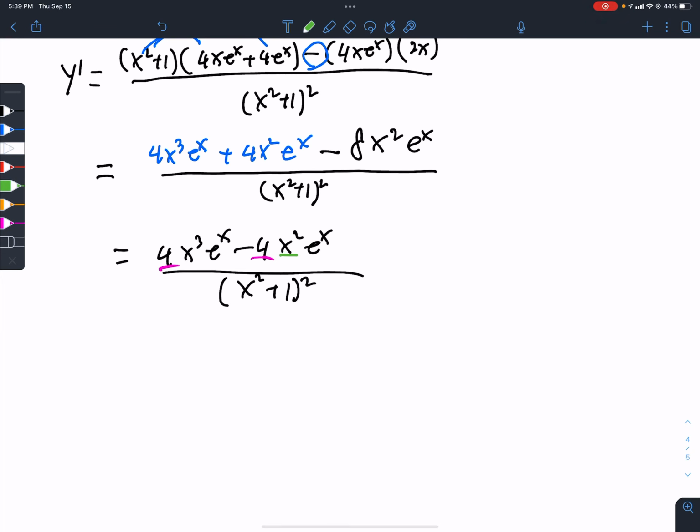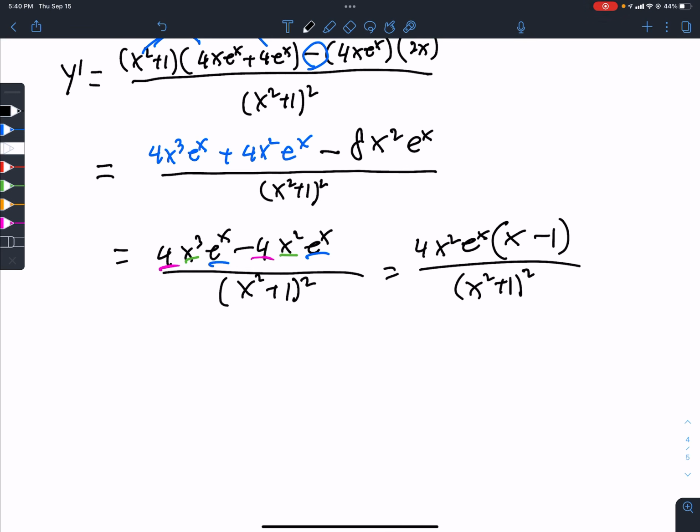They have x squared in common, and they all have an e to the x. So let me take those out. If I take out the 4, e to the x, and x squared, I'm left with 1x. Take out the 4, I take the x squared out, I take e to the x, that's everything, minus 1. I believe that's the answer.